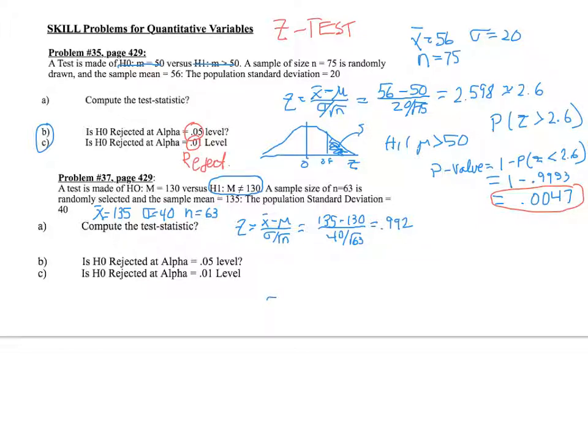So how we calculate the p-value is we put this z-value on the standard normal curve. Here's 0, and here is 0.99, and we'll also look at negative 0.99, and so we're looking at the areas on either side of that value.